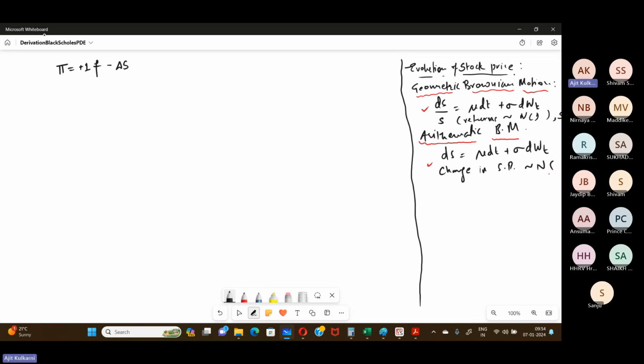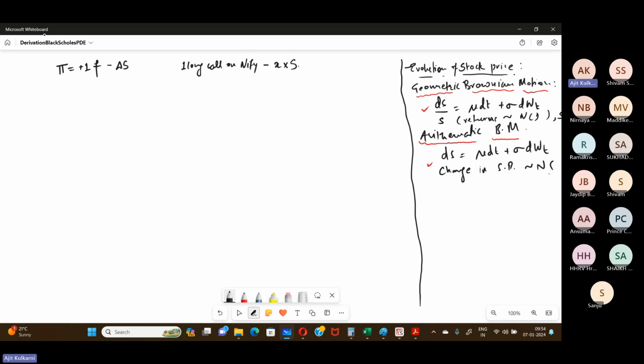Let us see how this portfolio evolves in time. For example, I have one long call on Nifty, and then I have sold X number of shares of Nifty. So that is our portfolio, and we are seeing how this evolves over a period of time.